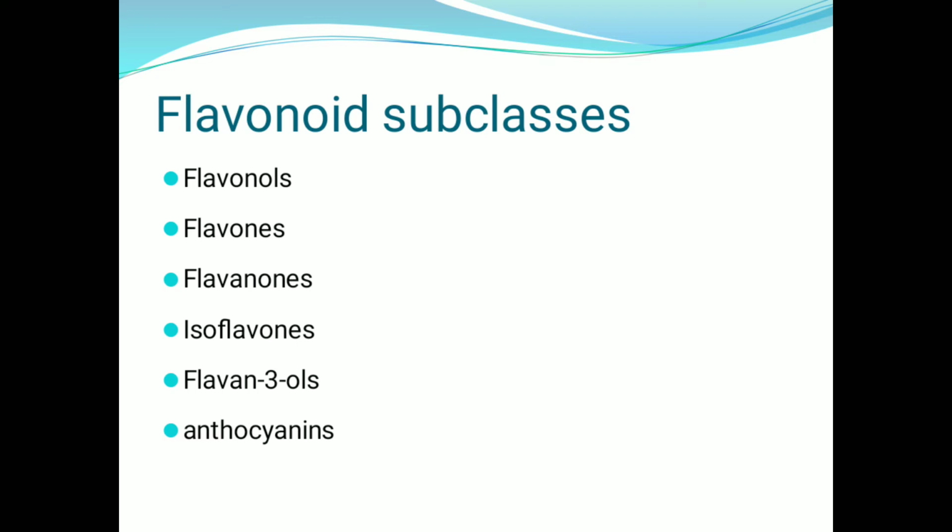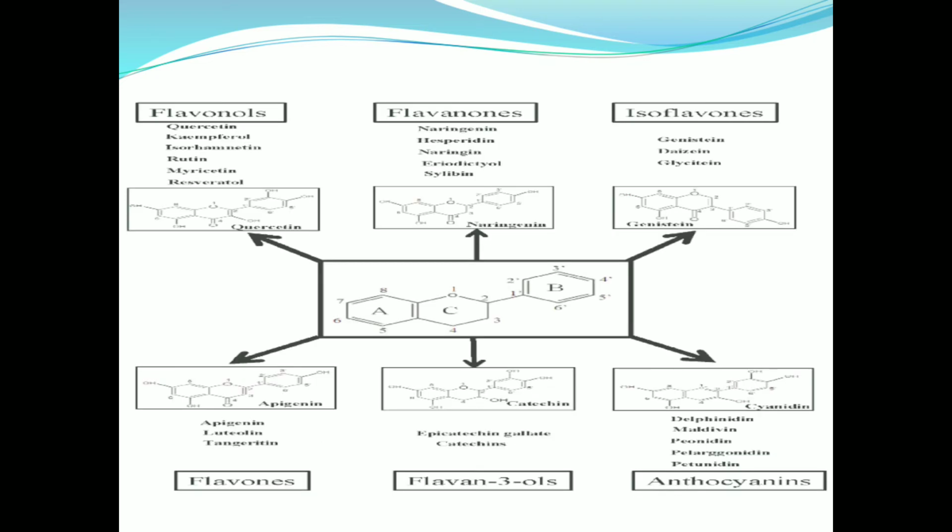First one is flavonols, second one is flavones, third one is flavonones, fourth one is isoflavones, fifth one is flavan 3-ols, and sixth one is anthocyanins.